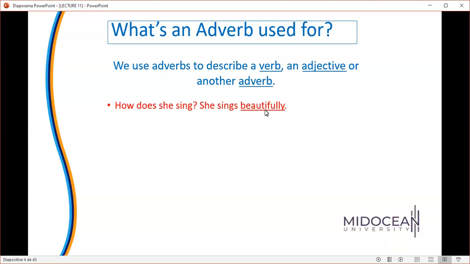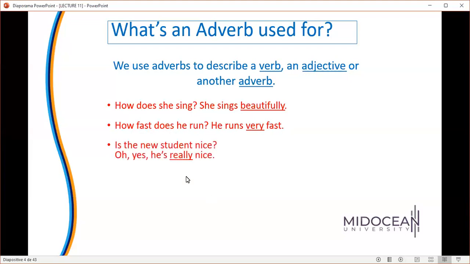Okay, so here this adverb describes the way she sings. Example number 2. How fast does he run? He runs very fast. You have the adverb very fast, c'est-à-dire rapide. Okay. Next, is the new student nice? Oh, yes, he's really nice. Okay.